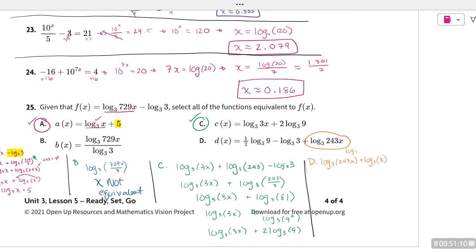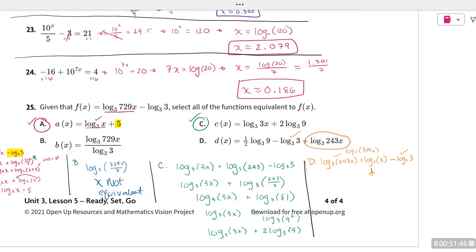That's going to give us that log base 3 of 729x. That's where that's coming from. So then we have minus log base 3 of 3 if we're using this whole statement. So these go away entirely, right? But let's think, is that the same as this? We want to not just simplify. We have that minus log base 3 of 3 already. So we have the first, the last two parts, I should say.